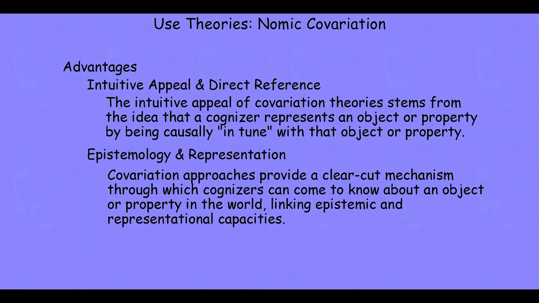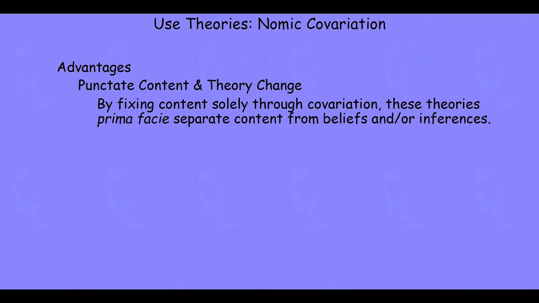The next two advantages claimed for gnomic covariation have specifically to do with the recursive and language-like claims that are often made about mental representation. The first advantage has to do with what Jerry Fodor and others have called punctate or atomic content. The idea behind punctate content is that gnomic covariation fixes the content of individual states in an atomic or isolated fashion.